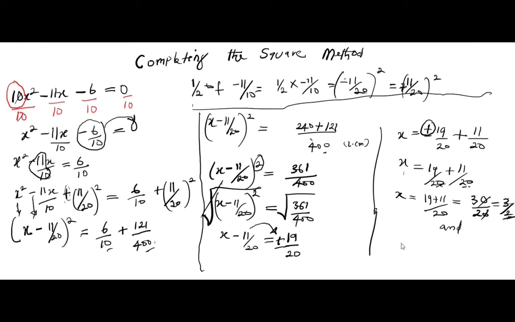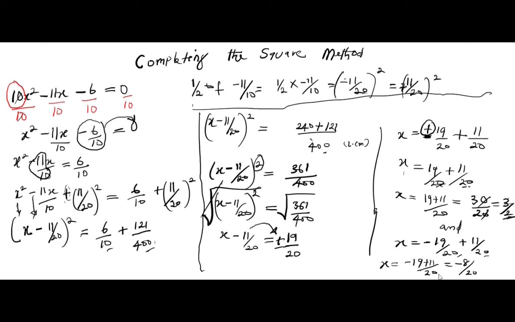And x can also be, let's consider the negative sign here. So you have negative 19 all over 20 plus 11 all over 20, so x equals negative 19 plus 11 all over 20. Negative 19 plus 11 is negative 8, all over 20, because the LCM is 20.